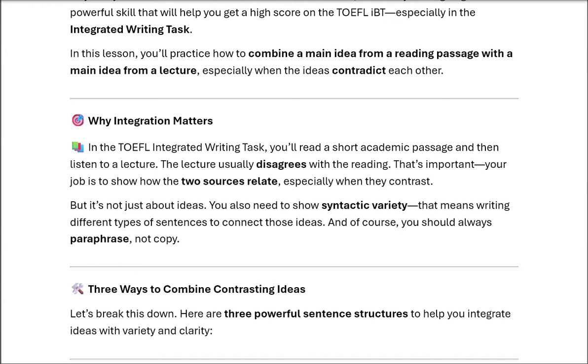That means writing different types of sentences to connect those ideas together. And of course, you should always paraphrase, not copy word for word, right? You don't want to plagiarize. You want to demonstrate to the iBT human raters that you have good language use, good control over your grammar and your vocabulary.